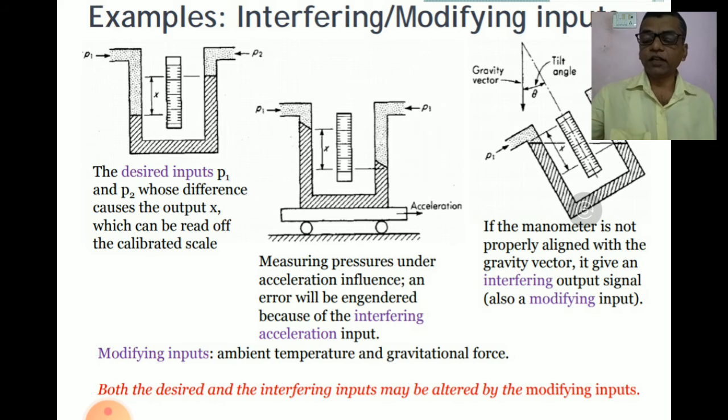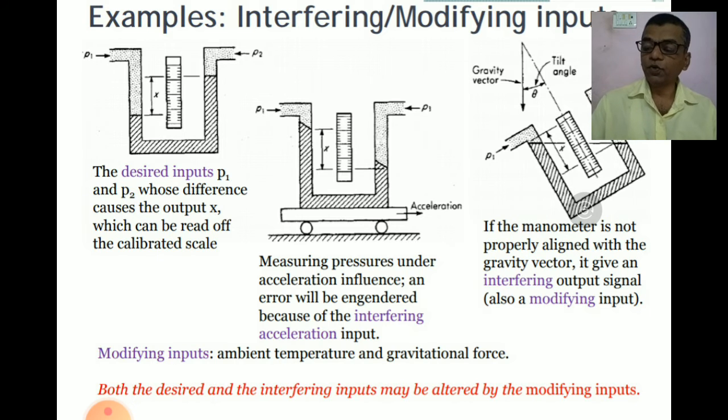P1 and P2 are the desired inputs, while the scale reading X is the output. So the product g times rho m relates the output with the input. The next is interfering input.